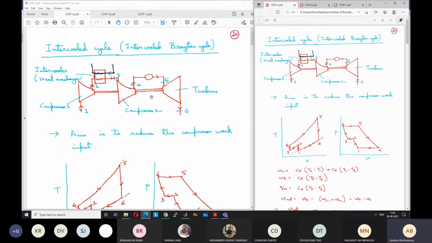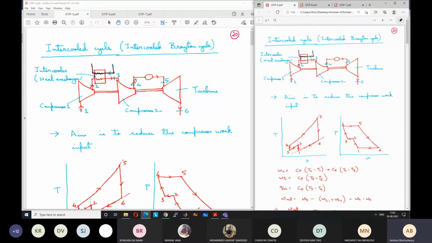Then we had discussed this intercooled cycle in the previous class, which is also similar to the reheat cycle, in the sense that the main idea is to increase the work output at the cost of efficiency. But the change is done not on the turbine side, but on the compressor side.